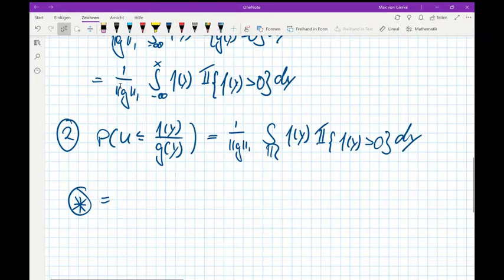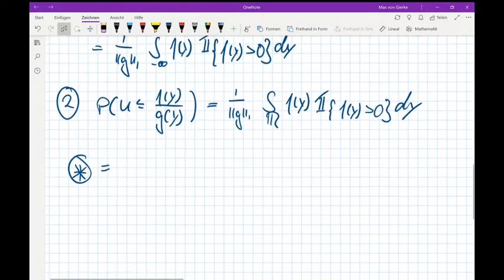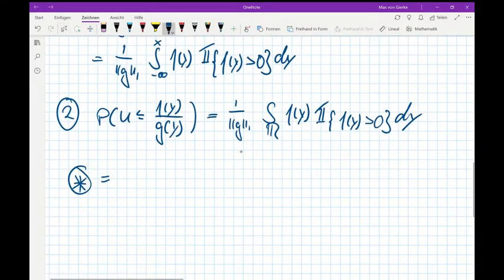So this disappears, and what is left are only the two integrals.